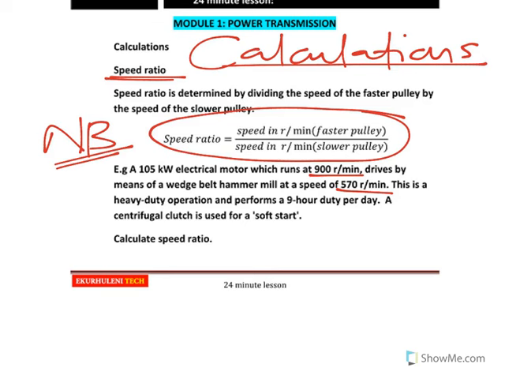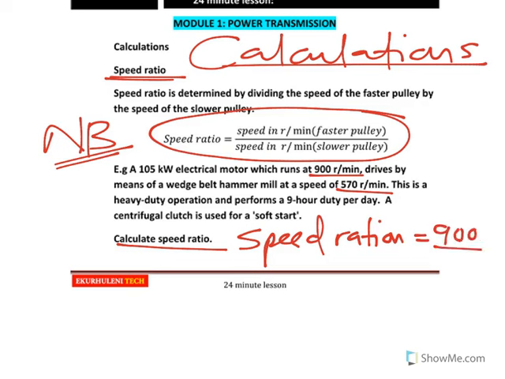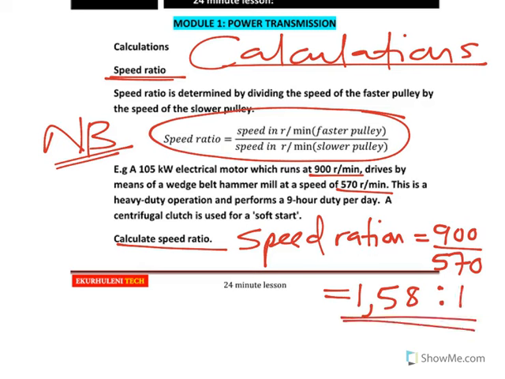Surely, if they say calculate the speed ratio, you say simple speed ratio using that formula. Remember, you got the formula. It says faster pulley, and you can see the faster pulley is 900 over the slower pulley is 570. And what are you going to get as your answer? You are going to get 1,58 is to 1. This is how you write it.